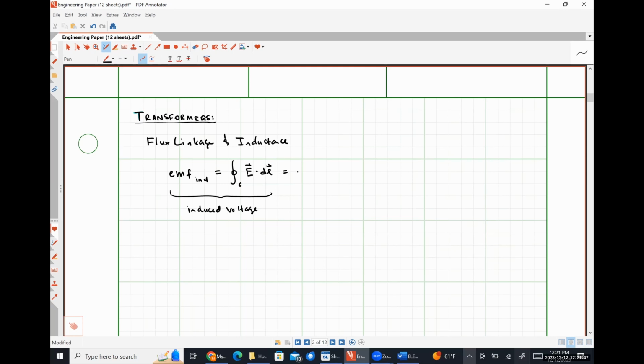And this is equal to negative the time derivative of the surface integral of B dotted into dA. So what does B dotted into dA represent? That's magnetic flux.